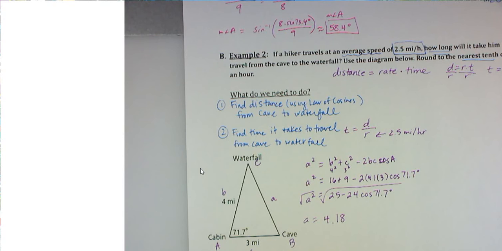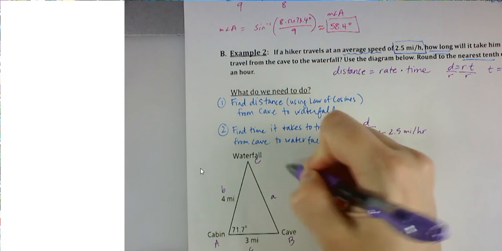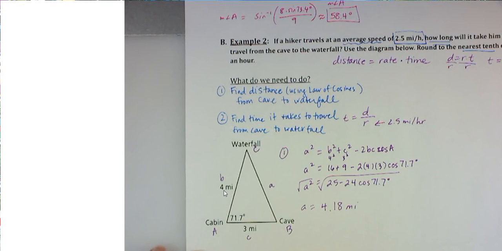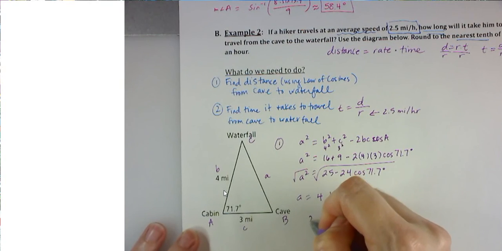Then our step 2, our time, is the distance over the rate, which will be our 4.8 miles divided by the 2.5 miles per hour.